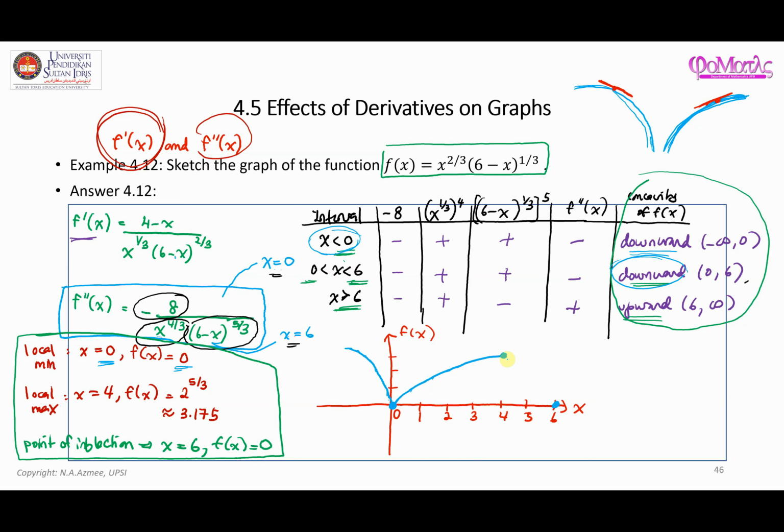So it is going to be something like this. Next, at point 6, when x is greater than 6, the graph is decreasing, and the concavity is concave upward. So decreasing but concave upward, that means it is in this manner.